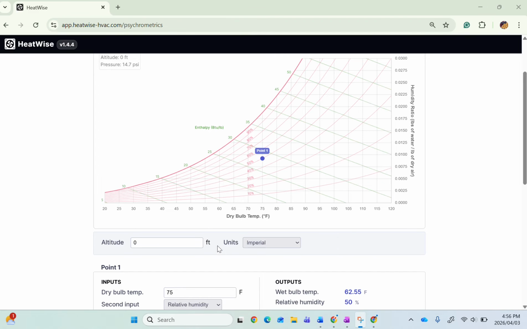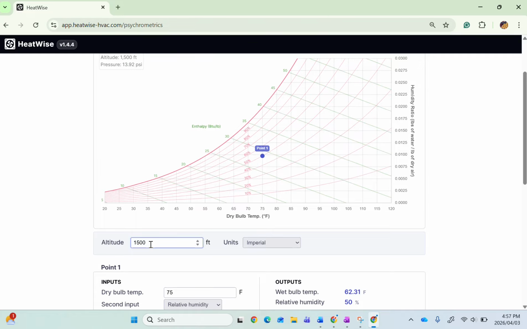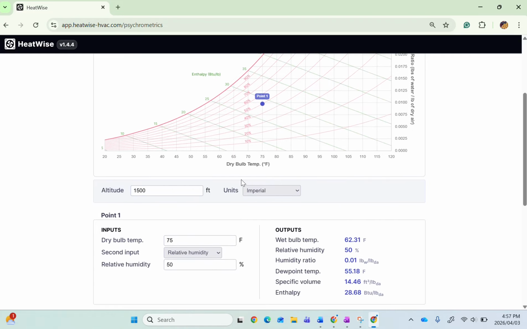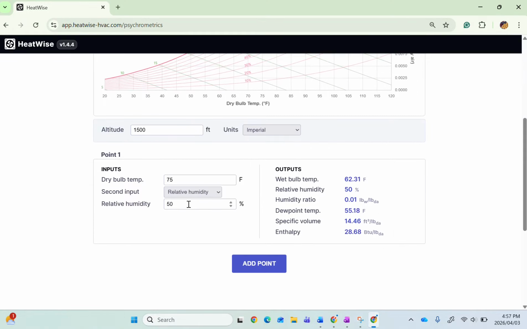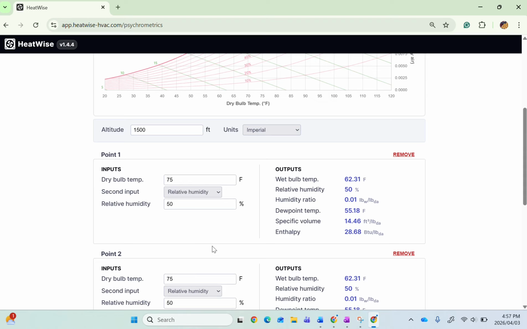So rather than doing all the math by hand for determining our total psychrometric state, we are just going to use the Heatwise online psychrometrics calculator. We'll first enter our altitude, and you can see here we've got our first point with our indoor conditions that we specified, so 75 Fahrenheit and 50% humidity.